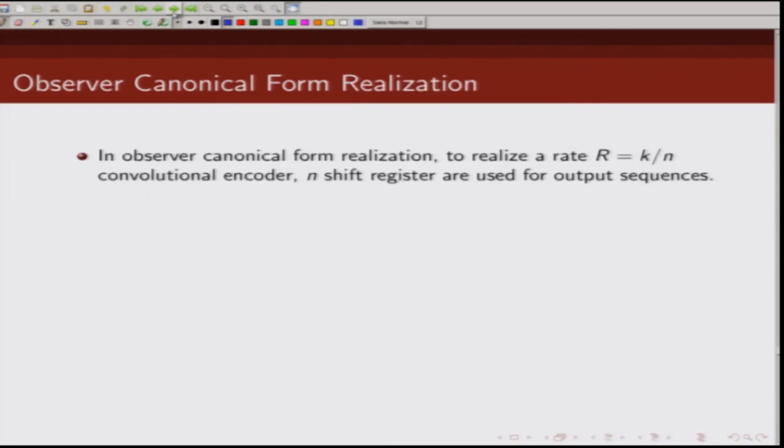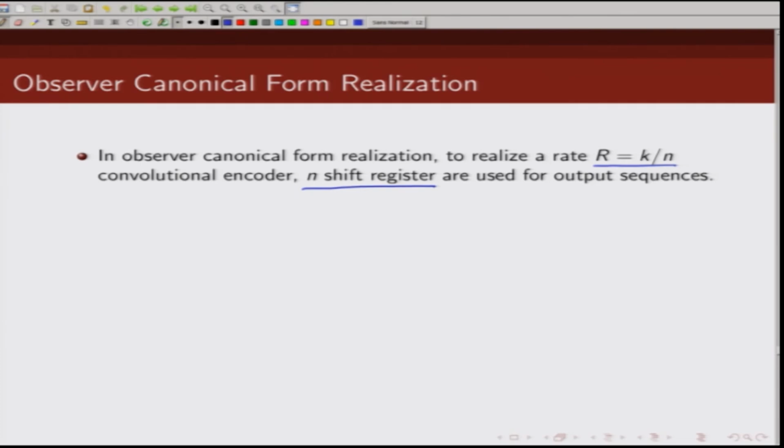Now, contrast this with observer canonical form realization. In observer canonical form realization, to realize a rate k by n encoder, we require n shift registers.